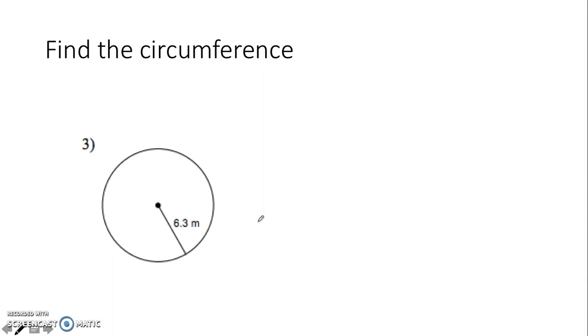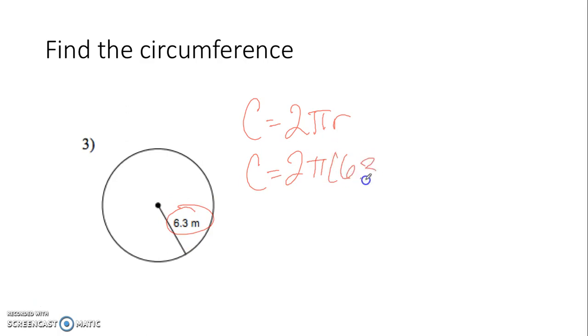All right, let's take a look at one more together before we move on to the area. So the circumference, once again, C is equal to 2 pi r. C is equal to 2 pi. We're going to use 6.3 because that's our radius. 2 times 6.3 is 12.6. So we have C is equal to 12.6 pi.